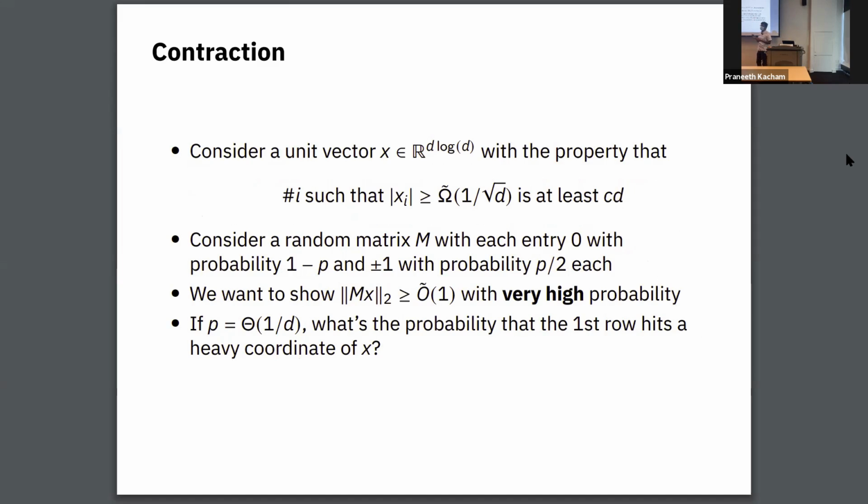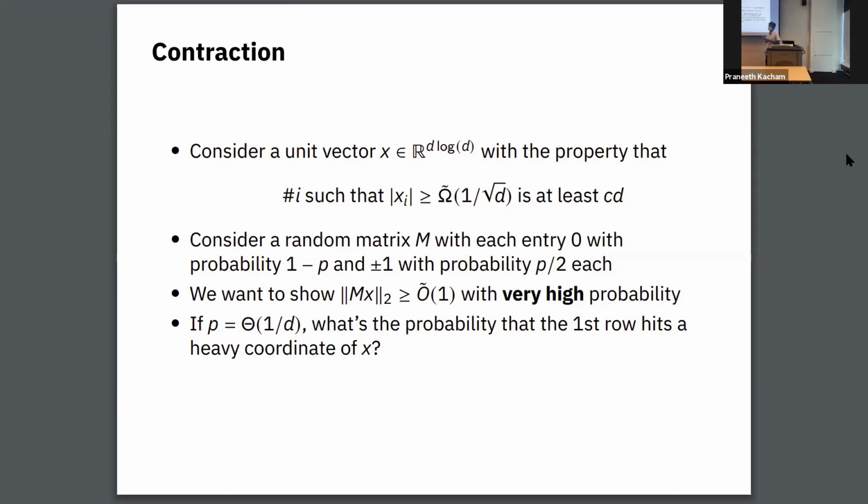That is, it has at least a constant fraction, C times d, of coordinates with value at least 1 over square root d. So these are the large coordinates. We have C d coordinates, each with value at least 1 over square root d. These capture a large fraction of the L2 norm of the vector x. Now consider any vector x that has this property. Our embedding is very simple.